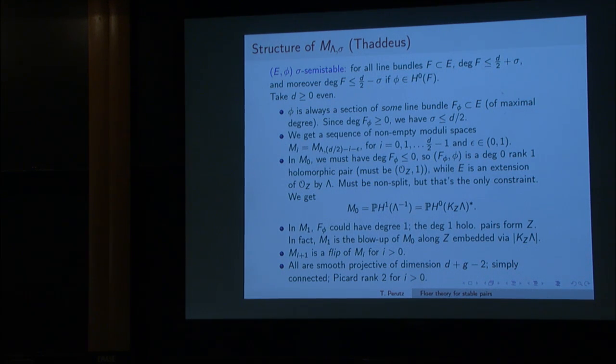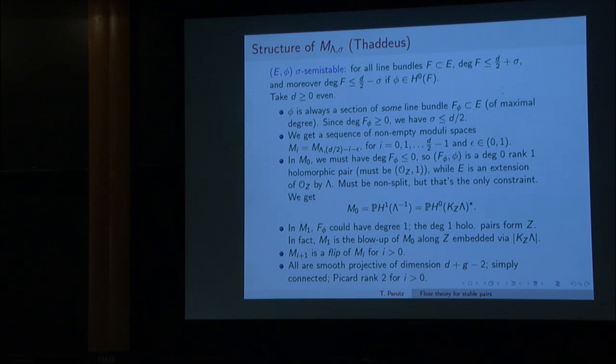In other words, F_phi is a degree 0 line bundle with a section. There are not very many of those. It follows immediately that F_phi is trivial, and phi is a trivializing section. So (F_phi, phi) is of degree 0 and rank 1, and it can only be the trivial pair, O_Z, the structure sheaf, and 1.